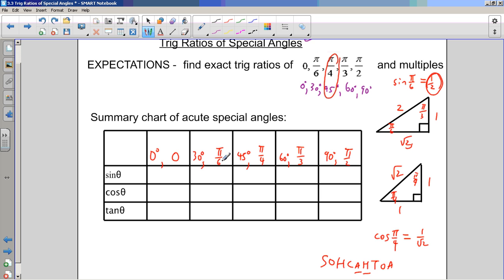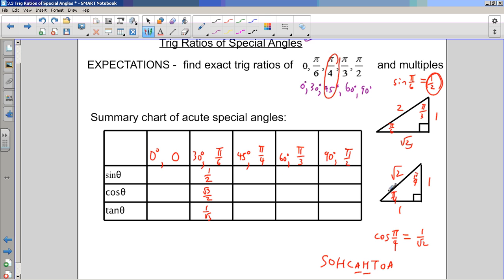All right, so sine of 30 degrees is opposite over hypotenuse. The cosine is adjacent over hypotenuse, square root of 3 over 2. And the tangent is opposite over adjacent.